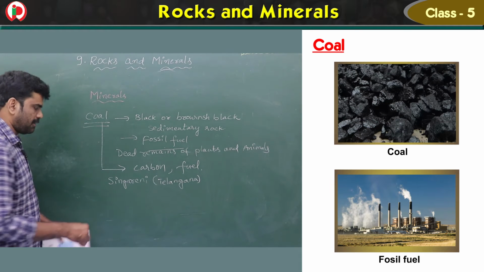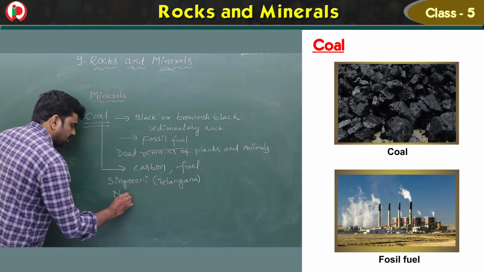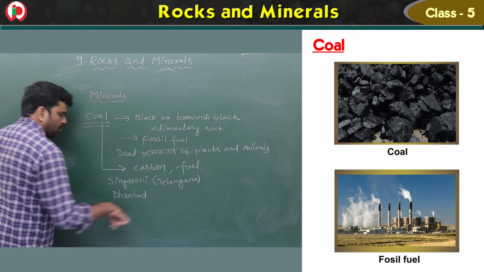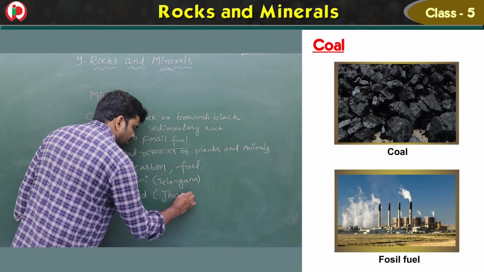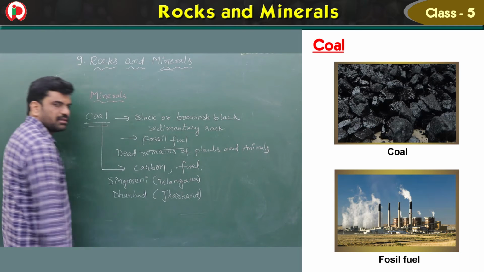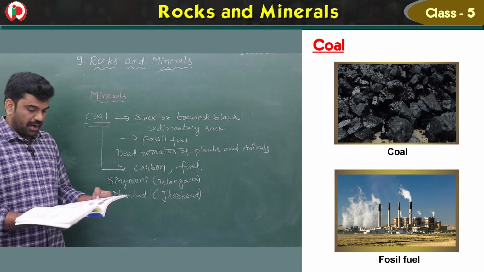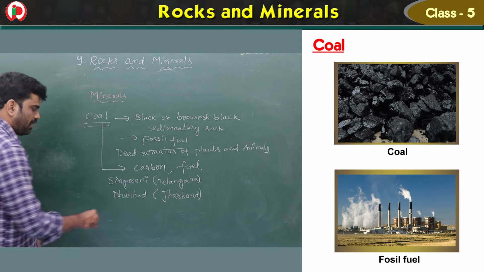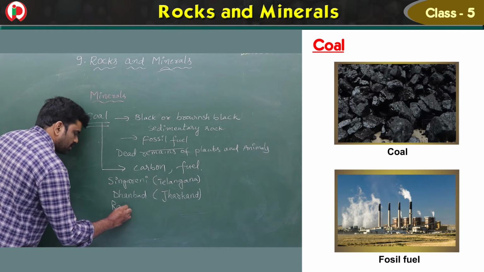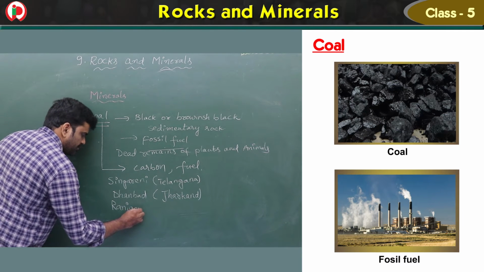Dhanbad, Jharkhand. So Dhanbad is a place where you can find the collieries. In which state? Jharkhand. Yes, in Jharkhand. And next one, Raniganj, West Bengal.